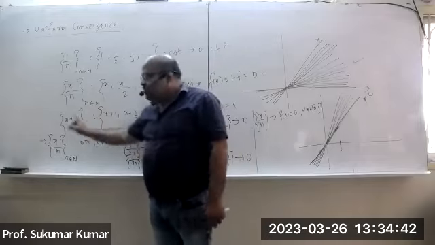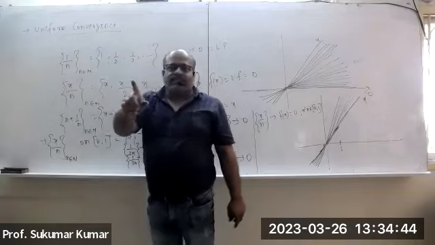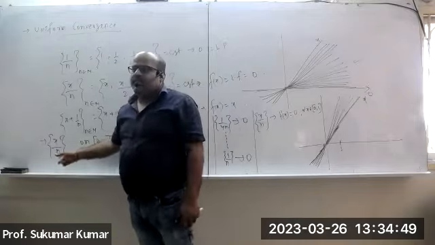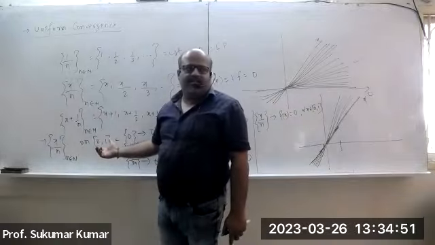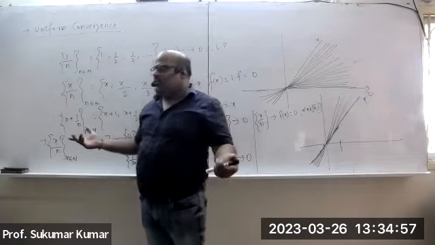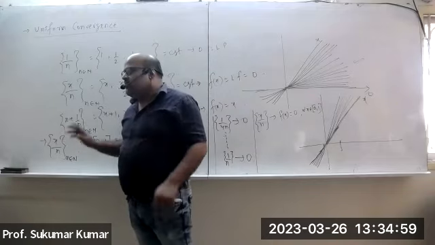Whatever x value I put here, convergence has to come at every point. Then we will tell the given collection of functions is point-wise convergent on this interval. Understanding? If at least one point I put and it is not convergent, it means no point-wise convergence on this interval.